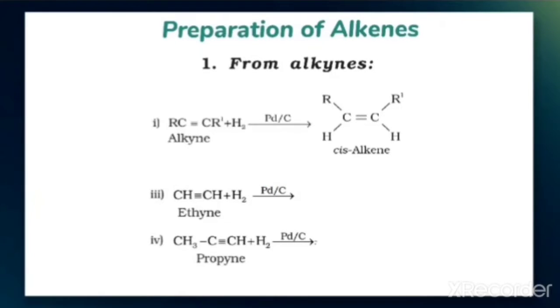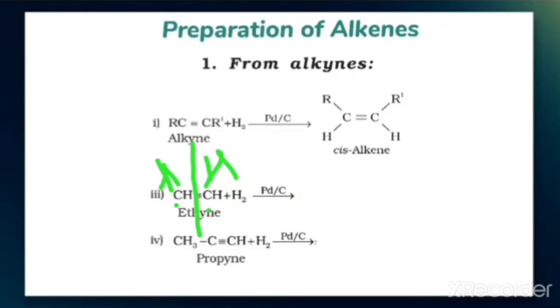Now we will follow the same method in order to make the product. What I told you is to break one of the pi bonds from the triple bond, and that electron is used for forming a bond with hydrogen. So add hydrogen on these two carbons, the triply bonded carbons, one hydrogen on each.